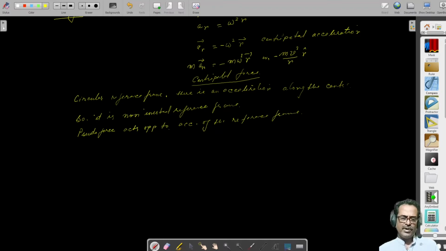So if the acceleration of the reference frame is along the radial direction, the pseudo force is away from the center, and that force is called centrifugal force.